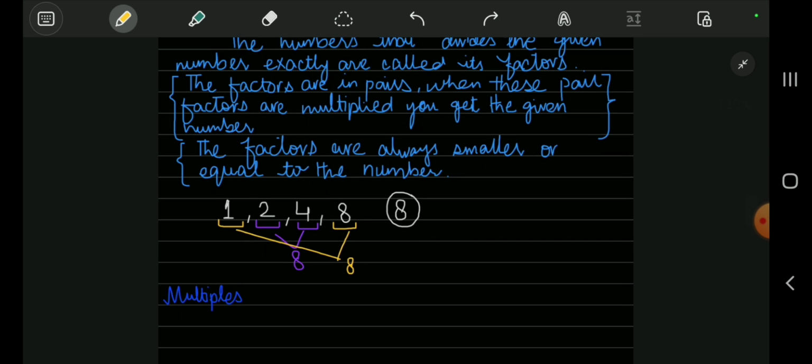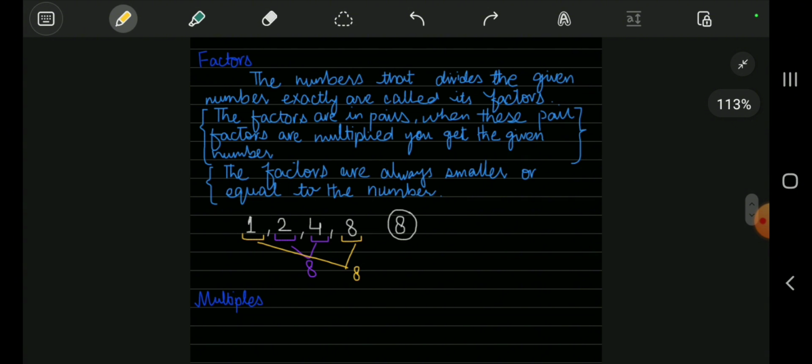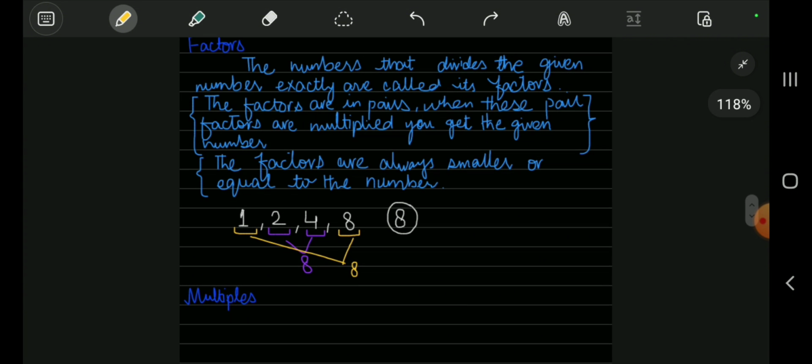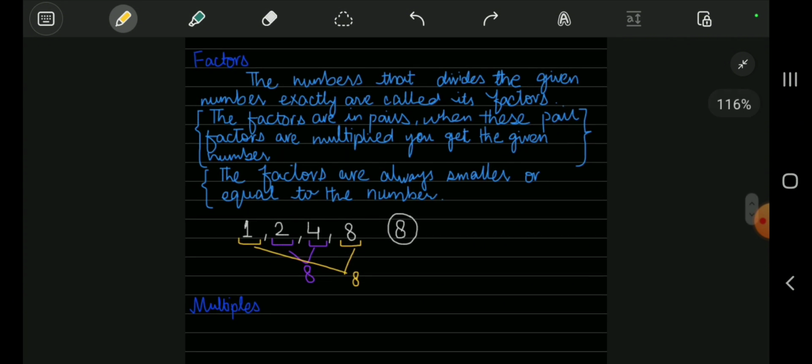Okay, now what are multiples? Multiples are completely the opposite of factors, but not in the way we are doing the even odd opposites and prime and composite, in a different way. Like in the factors, the numbers that divide the number exactly are called factors.